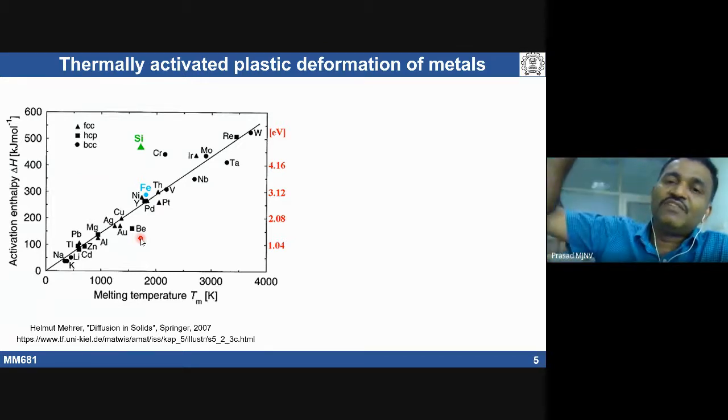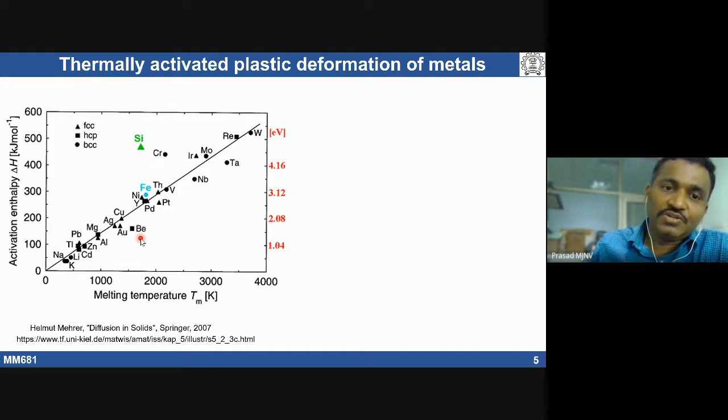That means you need a very high stress or high temperature to see activation of diffusion take place. If I take this plot, there is a kind of slope. If I correlate the activation energy for self-diffusion, QSD, or delta HSD, or simply H, some people also use HSD, it is basically related to melting temperature. The approximate value is about 160.